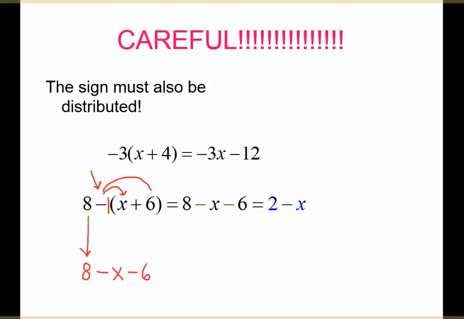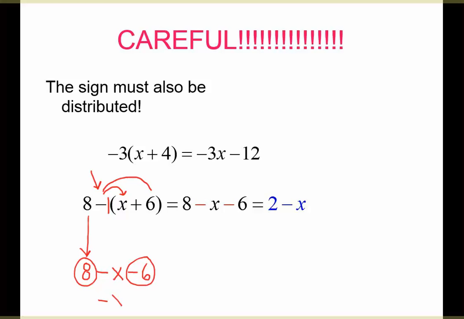The 8 and the negative 6 are like terms. They go together, a positive 8 and a negative 6. And when we combine like terms, we're basically adding. So positive 8 plus negative 6, it's a war problem. Positives win, and they win by 2. And that's where we're getting a positive 2 from.